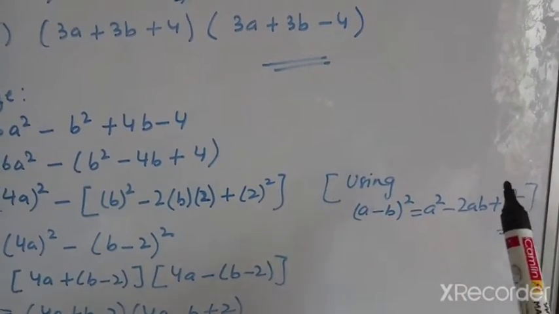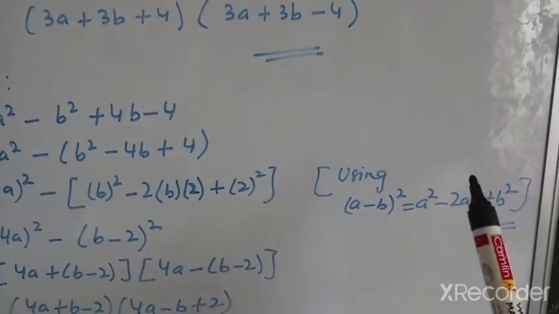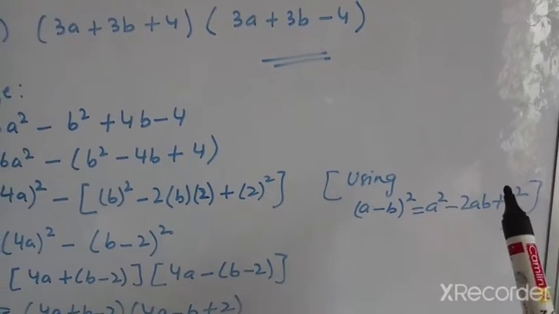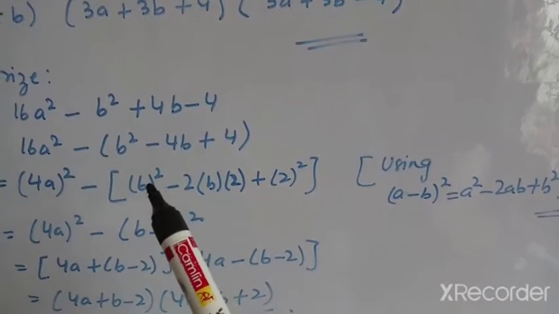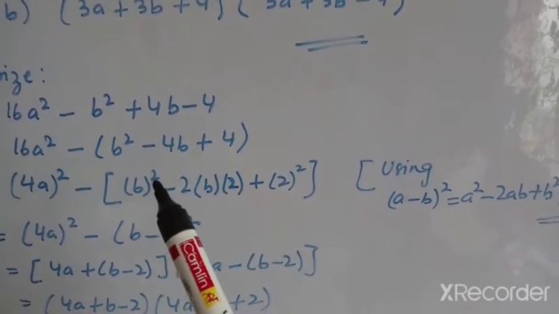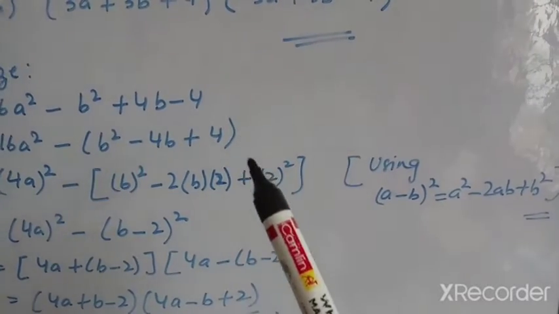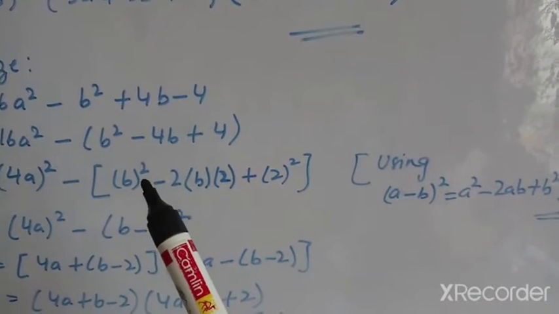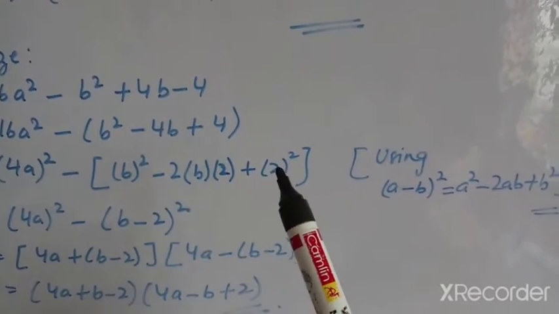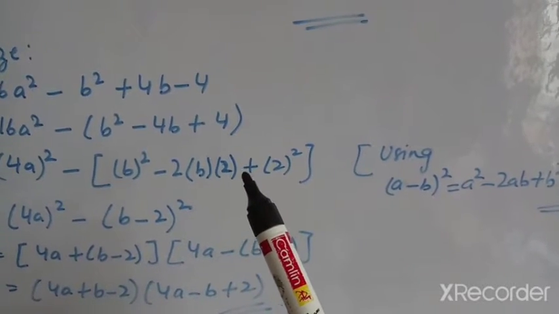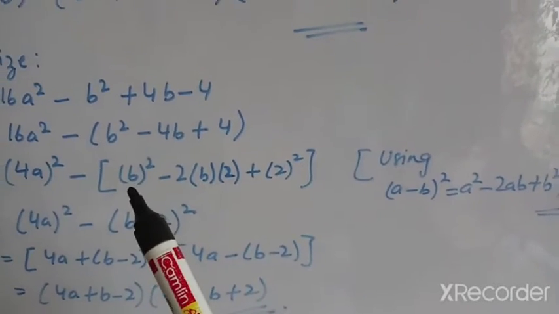Now let us check whether this particular term is according to this formula or not. Square of b, then square of 2. So this is b square minus twice of b into 2, plus 2 square. That means this is according to the formula.